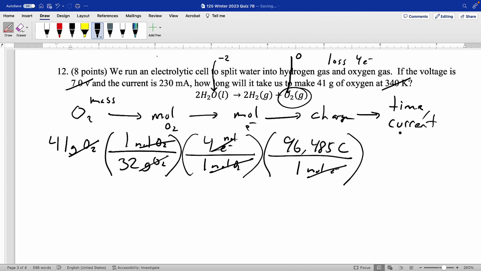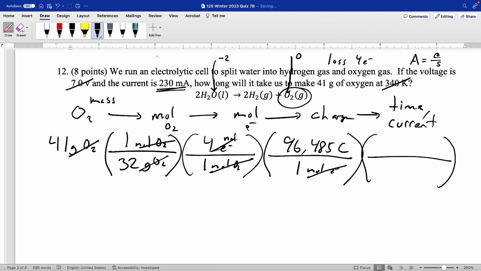Well, one of these we have, and one of these is the unknown. So our current is 230 milliamps. Now, whenever you write problems like this, you want to get rid of the prefix and just put it into scientific notation. It's also useful to split composite units like amps into their pieces. So an amp is equal to a coulomb per second, right?